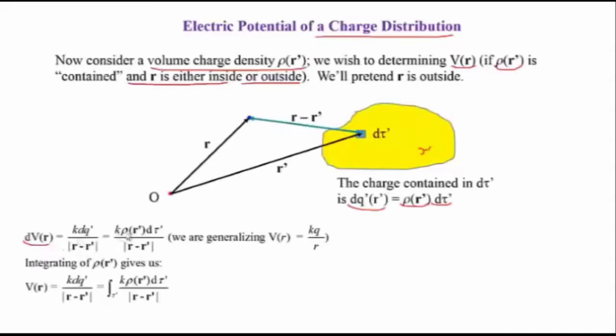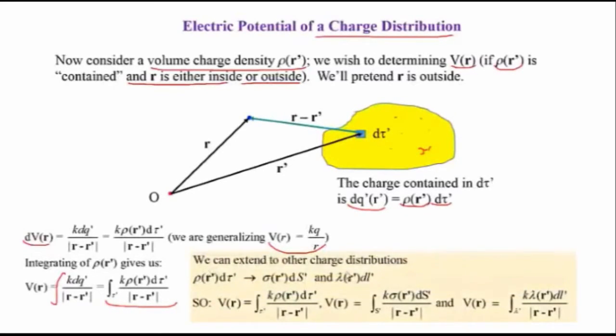Putting in our dq, we have k rho of r prime d tau prime divided by the distance. And so all we're doing is we're generalizing this equation here where q is replaced by our dq. So if we integrate this over the volume, that will give us the potential. This is the integral of this distribution here over the volume, and so it's better represented here, k rho of r prime d tau prime divided by that distance.